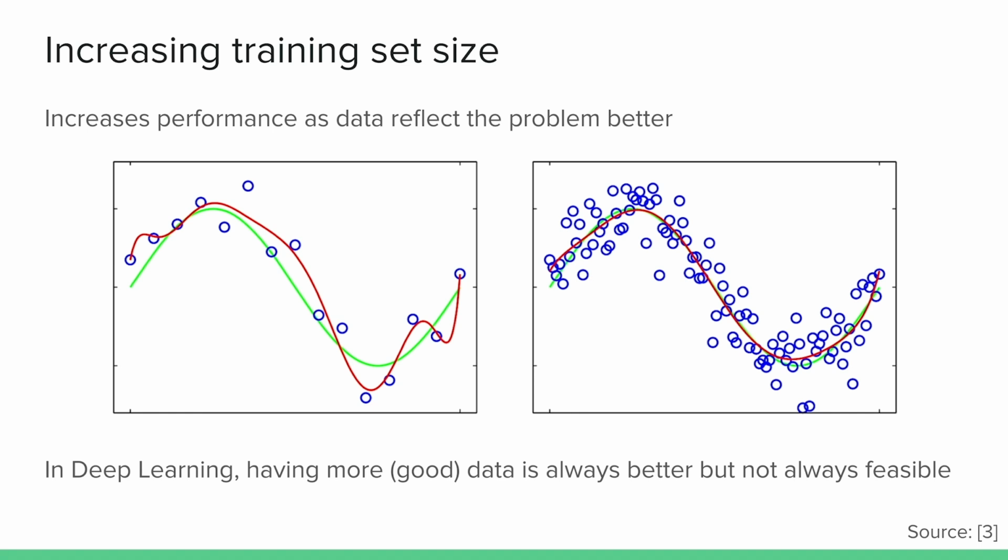So if we add more data points, we can mitigate this issue and improve the quality of our network. And in deep learning, having more good data that comes from our underlying distribution and is independent is always better.